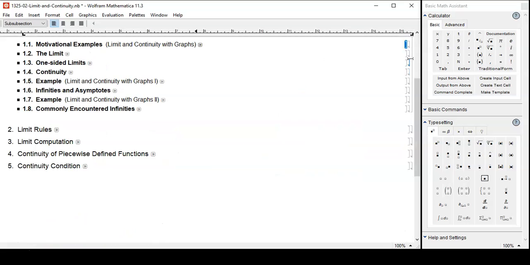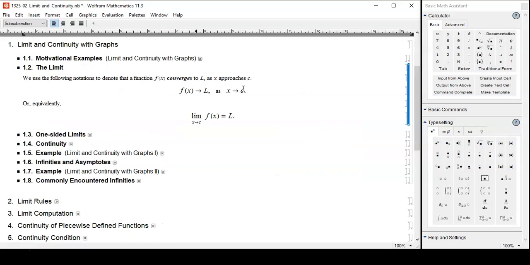We use these kind of expressions. Limit as f of x, a function value, converges to L as x approaches c. Or equivalently, limit as x approaches c, f of x is equal to L. This expression and that expression are equivalent. They're the same.